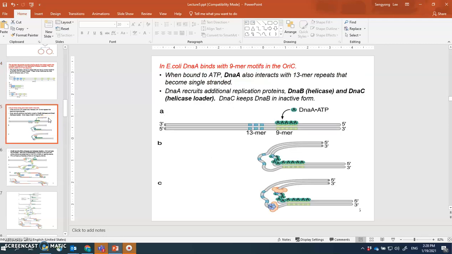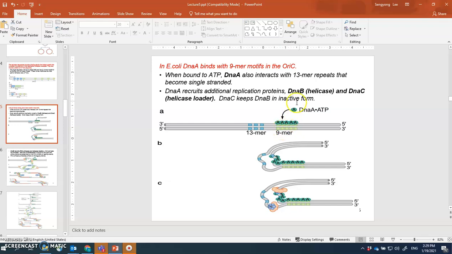So the first thing that happens in E. coli is that DnaA protein binds with the 9-mer sequences right here. Multiple DnaA proteins come and bind on those 9-mer sequences, and when there's ATP associated with DnaA, they interact with the 9-mer sequence.